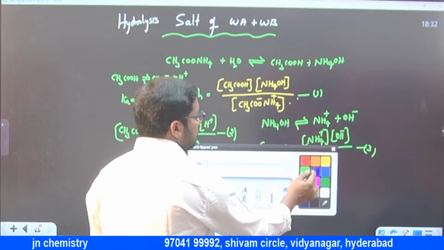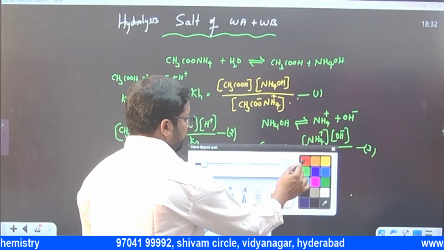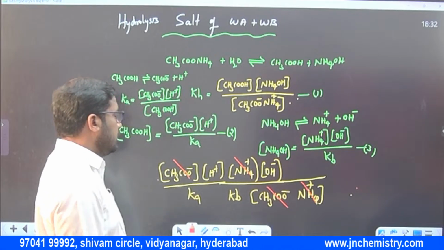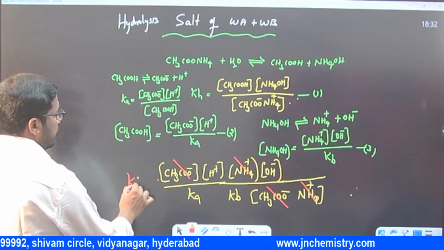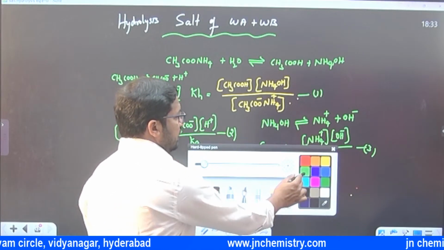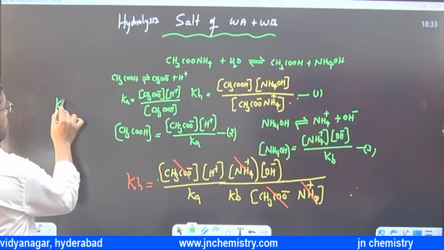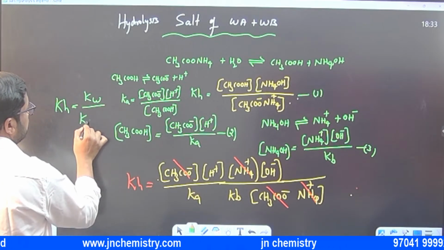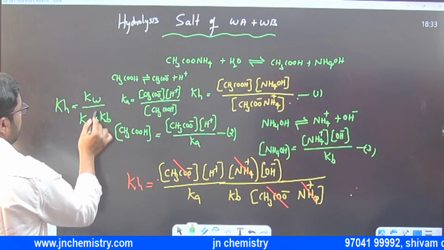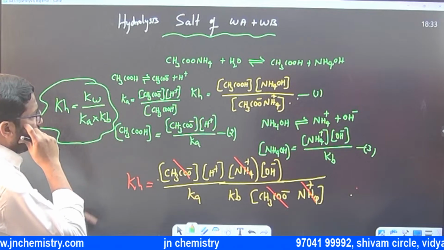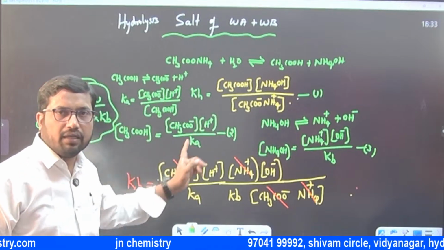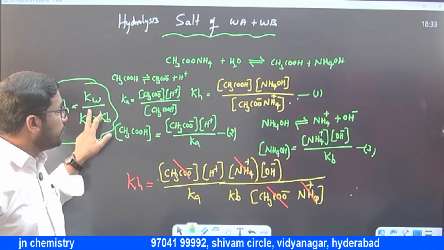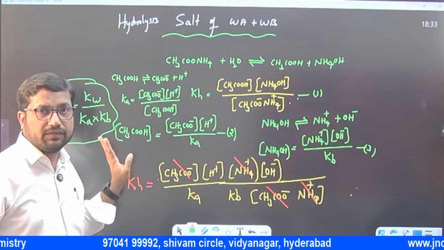So directly we can cancel this one. Right? So Kh is equals to what we can write now? Kh is equals to H plus and OH minus, Kw by Ka into Kb. This is important. So actually this total process is no need. Directly we need to know Kh is equals to Kw by Ka into Kb. Okay, just write it down.